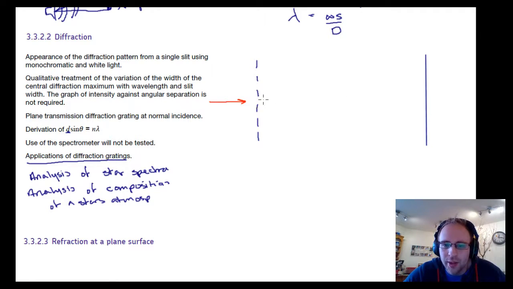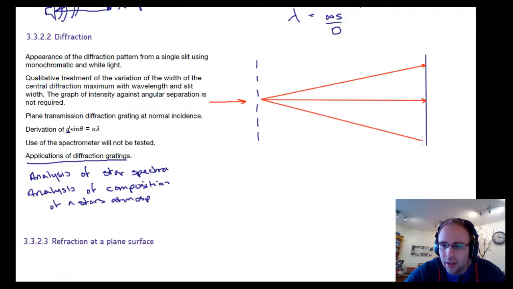From my diffraction grating I get a dot in the middle, and I'll get a dot out here. Diffraction gratings give us very sharp peaks compared to single slit and double slit diffraction, which is good if we want to take very precise measurements of wavelengths.